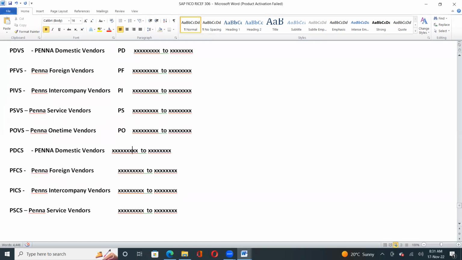And for domestic customers, same PD, since the module is different, so you can repeat the range. PF, PI intercompany customers. Last but not least, PS. Write it down.